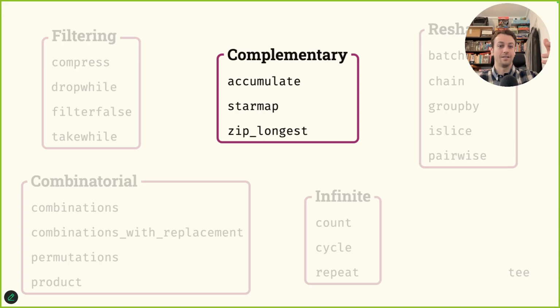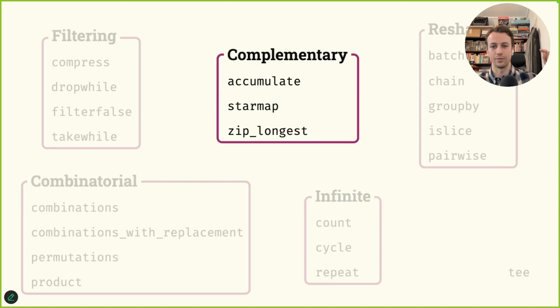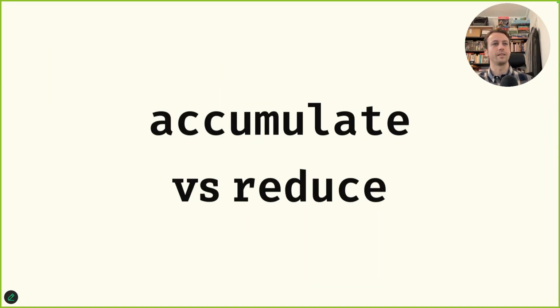Zip? Yeah. And starmap, oh boy, I already spoiled it. Starmap is related to what built-in? Map? Yes, don't be afraid, come on folks. Yes, and then accumulate isn't so obvious, so we'll take a look at that now. So accumulate versus reduce.